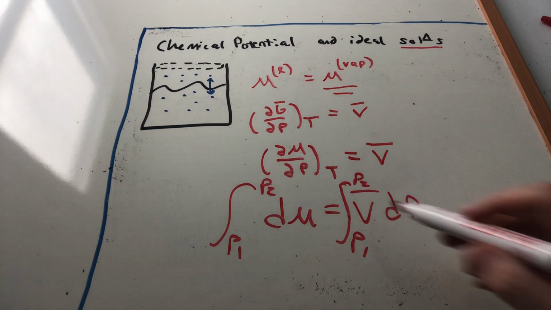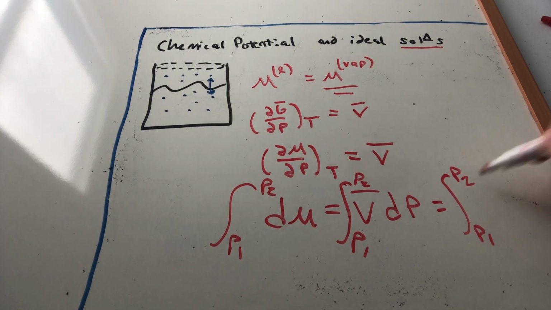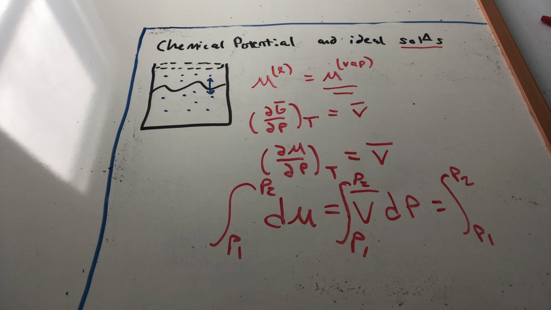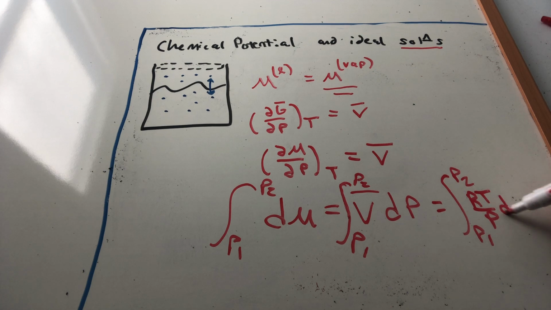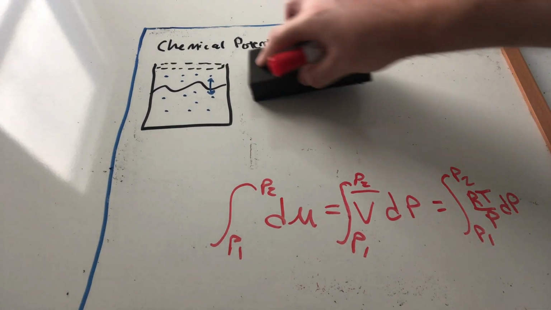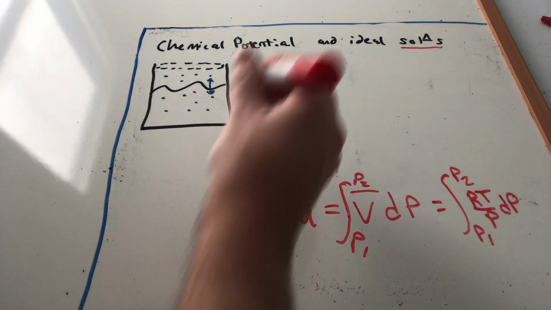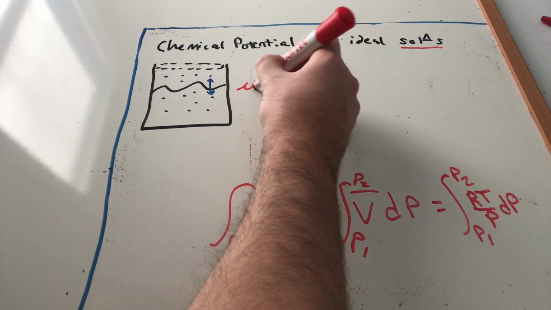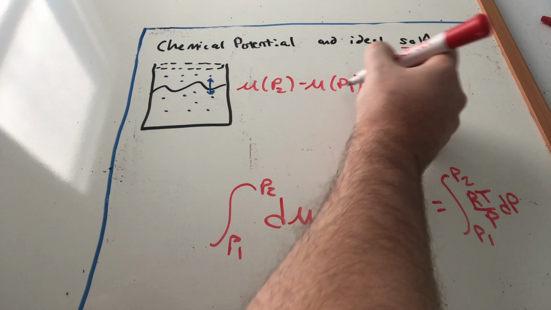We can actually simplify this integral further because remember that this V that we have is an ideal gas V. So you can rewrite it as RT over P. We also know that we're dealing with an isothermal situation, so the R and the T we'll be able to pull out of that integral. So what we're left with is math that hopefully feels familiar. Over here, I'm going to write this as mu of P2 minus mu of P1.